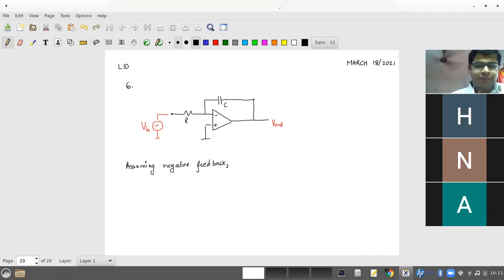Priyadarshini, what would V out by V in be here? Any ideas?